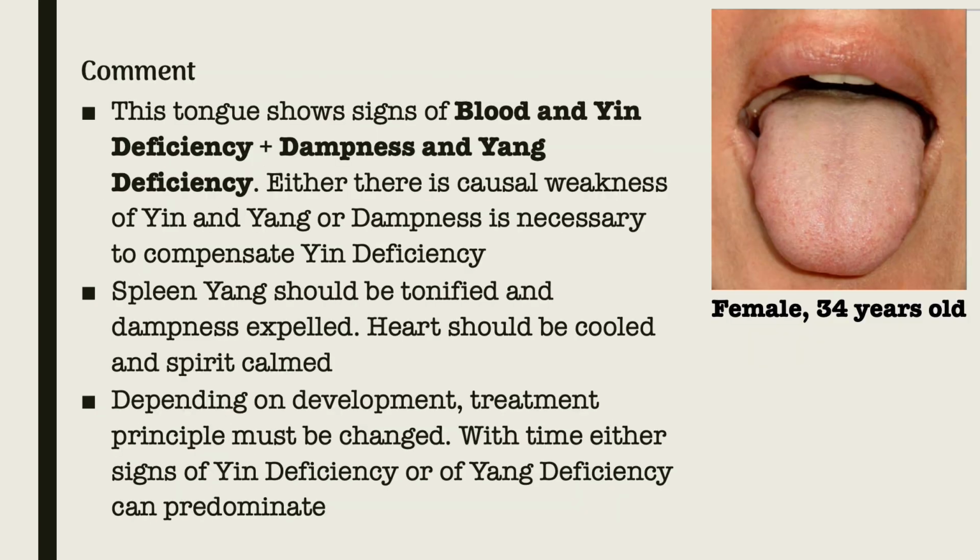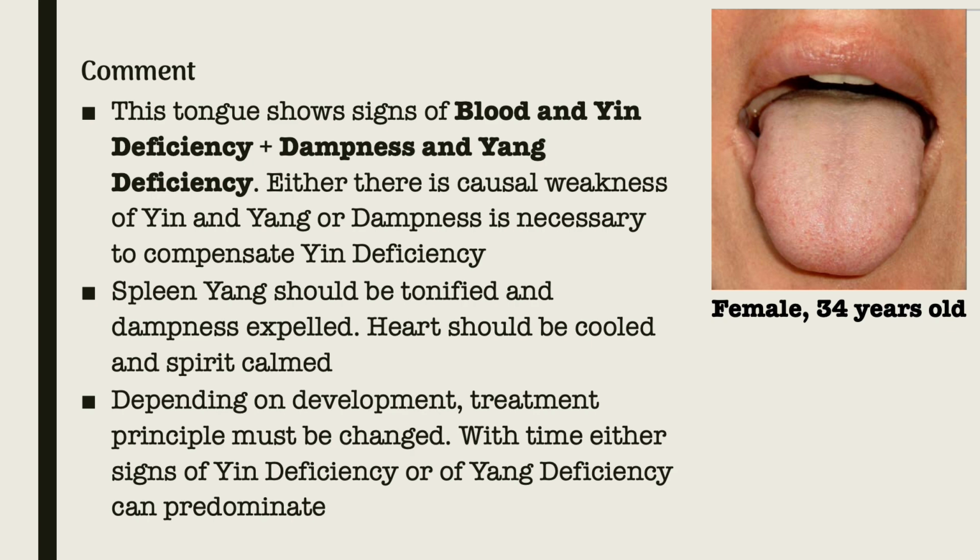This tongue shows signs of blood and yin deficiency plus dampness and yang deficiency. Either there is causal weakness of yin and yang, or dampness is necessary to compensate the yin deficiency.